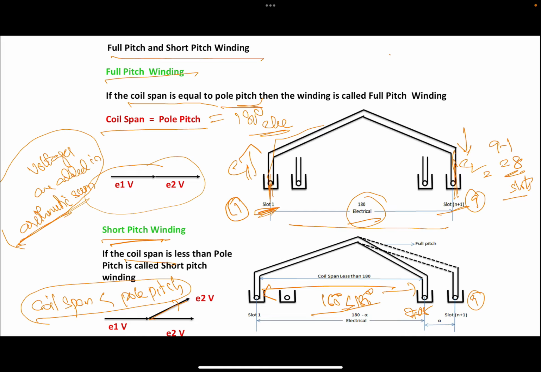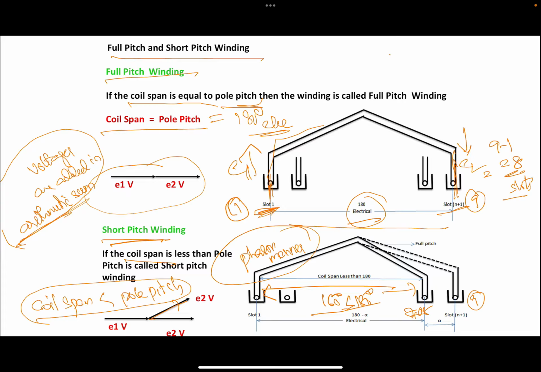In which case are voltages added in the short pitched winding? In phasor manner. This is also important, try to write it down. Voltages are added in phasor manner in short pitched winding.